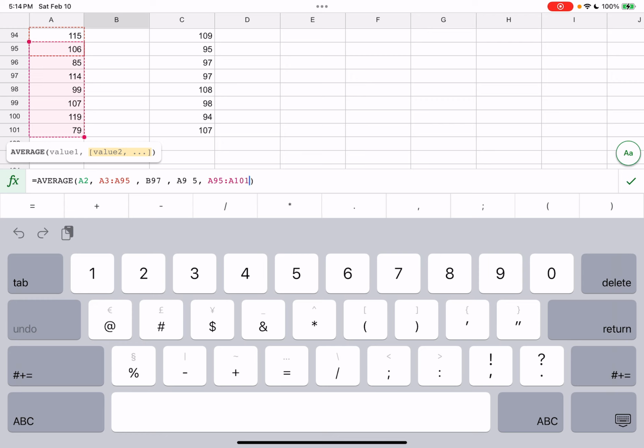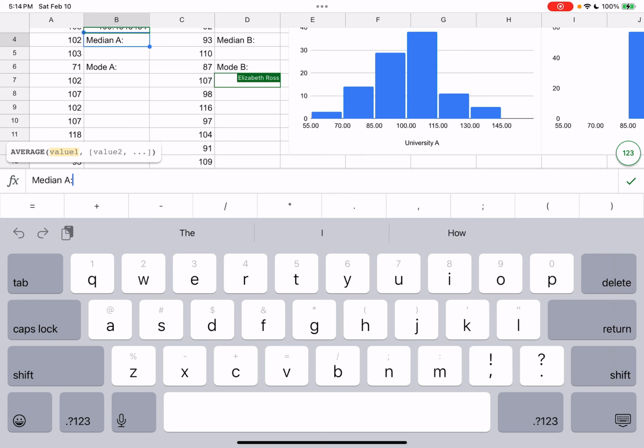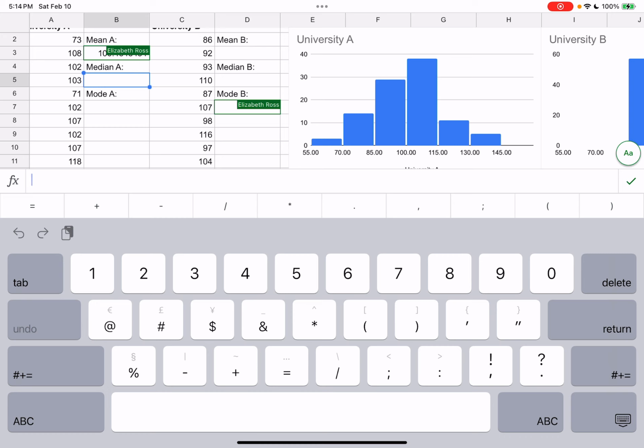When you do it on a computer, it's much easier to click and drag. But once you do that, it calculates that average for you.